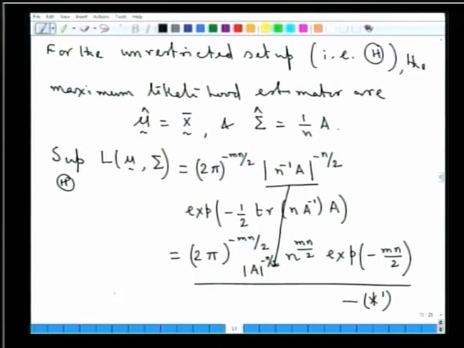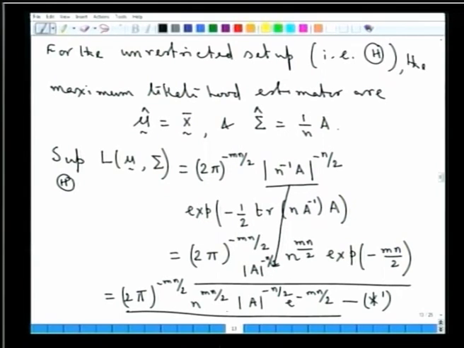So this term comes in because of this e to the power term here. So we'll have this as 2 pi to the power minus mn by 2. Then we have n to the power mn by 2, determinant of A to the power minus n by 2, and e to the power minus mn by 2. So that is the correct expression of this star 1.